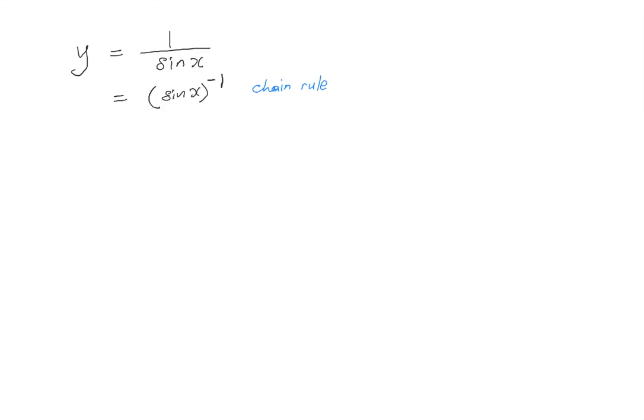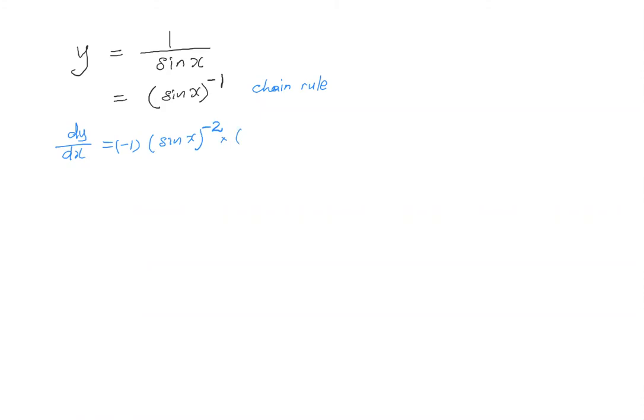Is it negative cosine x times sine x power -2? Okay, yeah, you are right. So dy/dx, bring down the power, copy down the whole thing, power take away 1, times by the derivative of sin x.